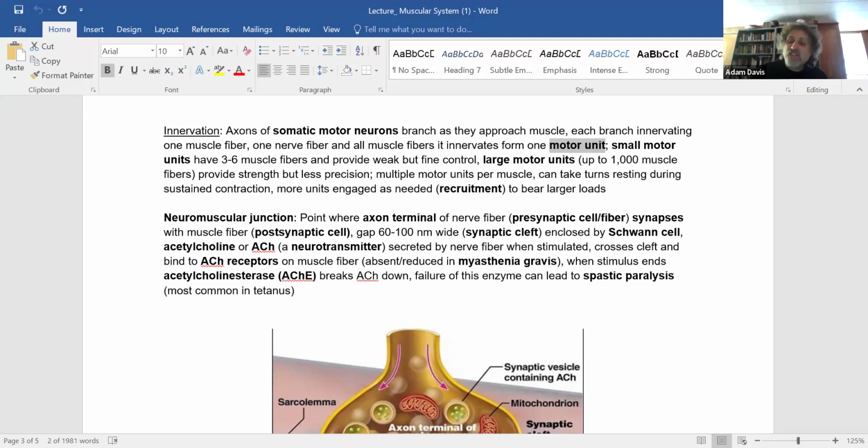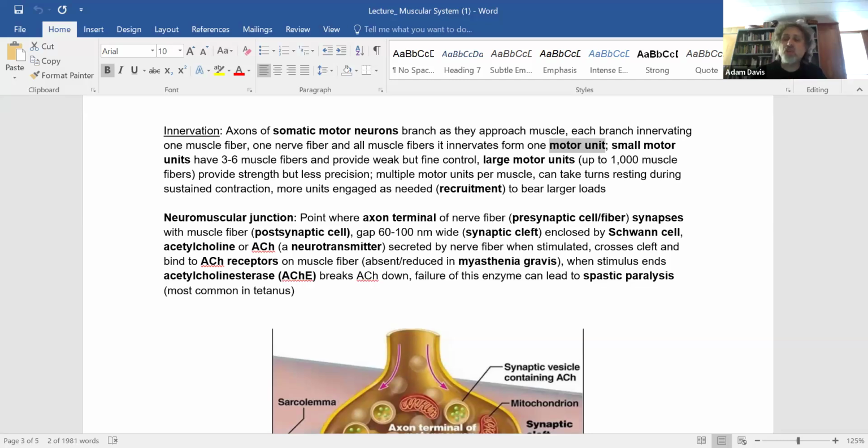If you have that few muscle fibers being controlled by a single nerve fiber, needless to say, that's not a lot of force. You can't generate a lot of strength with a small motor unit. It's a very weak muscular contraction. But the trade-off is you get very fine-tuned, highly precise control.